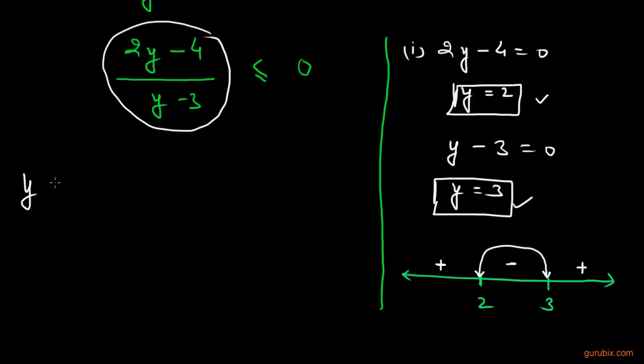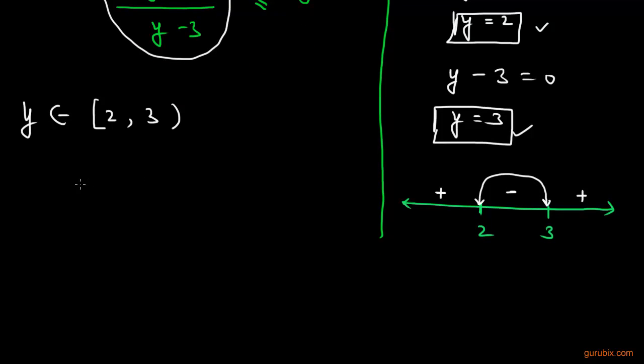Then y belongs to 2 to 3, and 3 is not included, because at 3 this linear inequality does not exist. Or we can say that y is greater than or equal to 2 but less than 3. Or we can say that mod x is greater than or equal to 2 but less than 3.